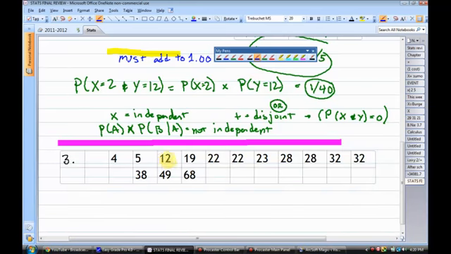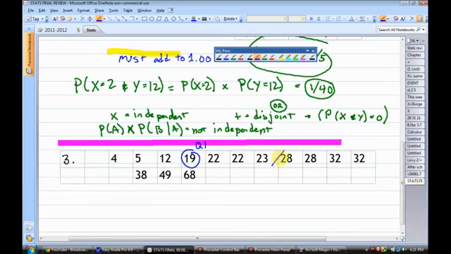So this is our lower half. And what we're looking for is Q1. So where is the middle data point in the lower half? 19. 1, 2, 3, 1, 2, 3. So this is Q1.